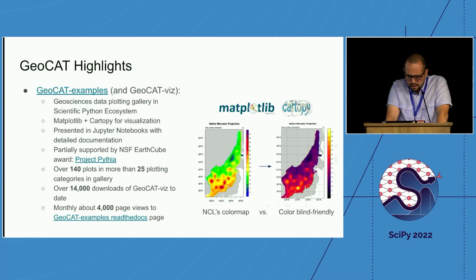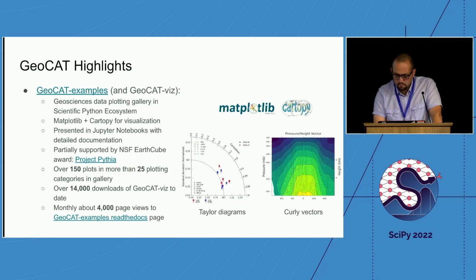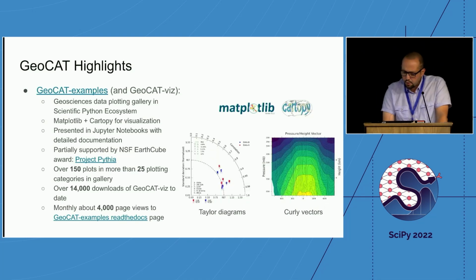In addition to that, you can also see some metrics giving some information about our user base amount right now. So on the right-hand side, I think I skipped one plot here. Okay, so on the right-hand side, you can see Taylor diagrams and curly vectors.